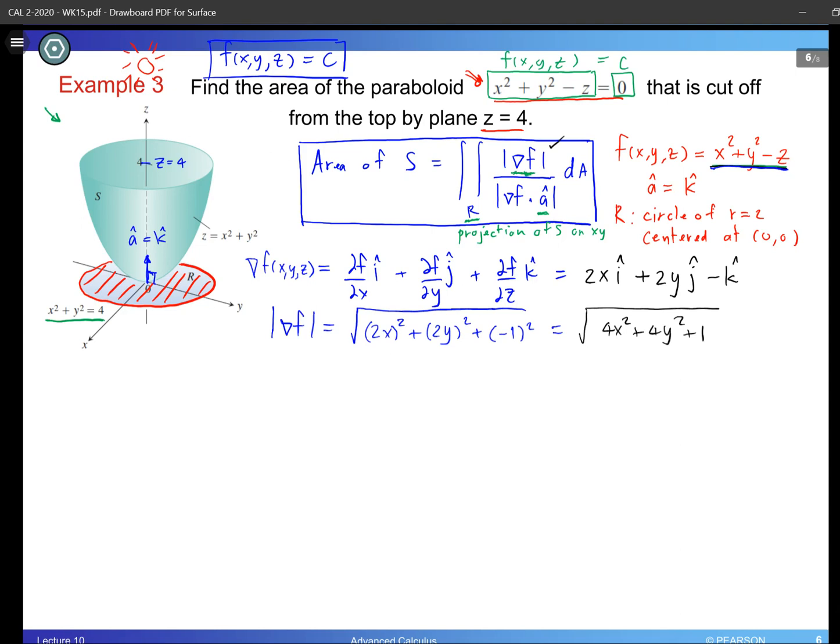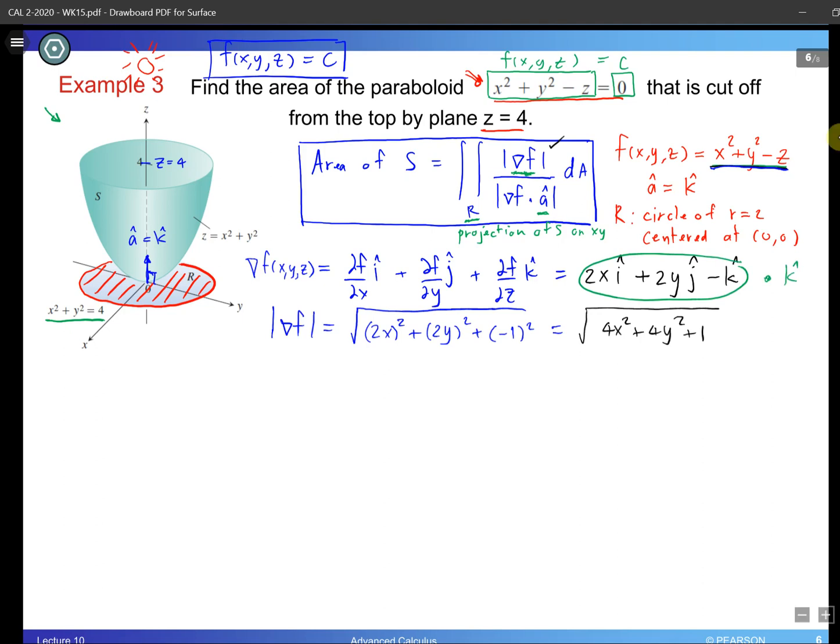Now let's take a look at the second one. That is the absolute value of the gradient of f dotted with a hat, and in this case, it's k hat. So I'm supposed to dot the gradient of f right here with k hat. Of course, I get minus 1 out of that.